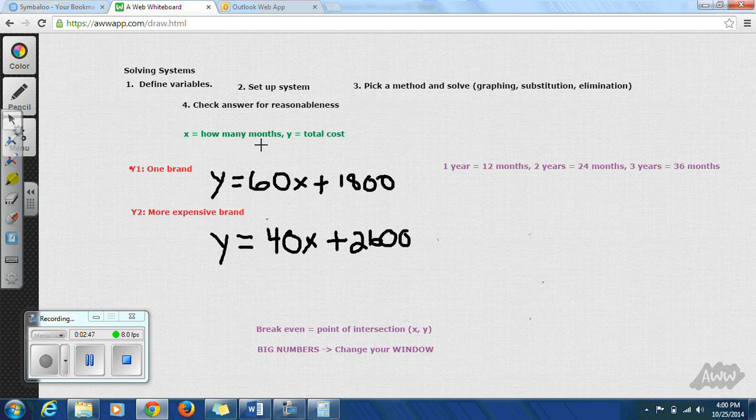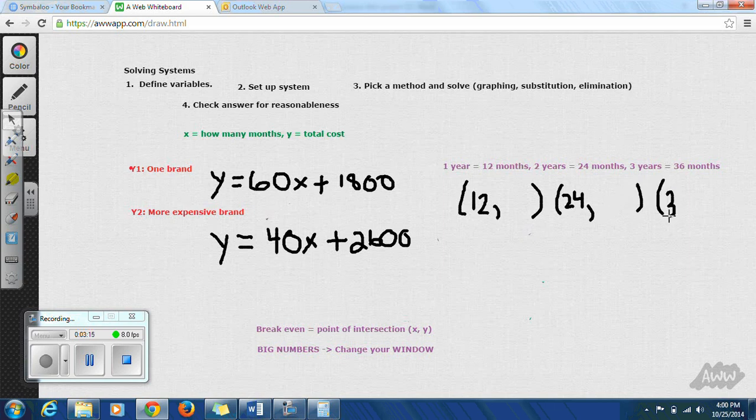Here is something you need to keep in mind. We are talking about months, and the question asks, what is it at 1 year, 2 years, and 3 years? So don't look at x equals 1, x equals 2, and x equals 3. You need to find where x equals 12, where x equals 24, and where x equals 36 for each of these equations.